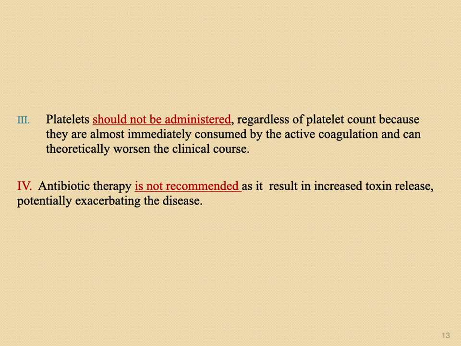Despite a low platelet count, serious bleeding is very rare in patients with hemolytic uremic syndrome. Antibiotic therapy to clear the enteric toxigenic organism can result in increased toxin release and has the potential for exacerbation of the disease, and therefore it is not recommended.